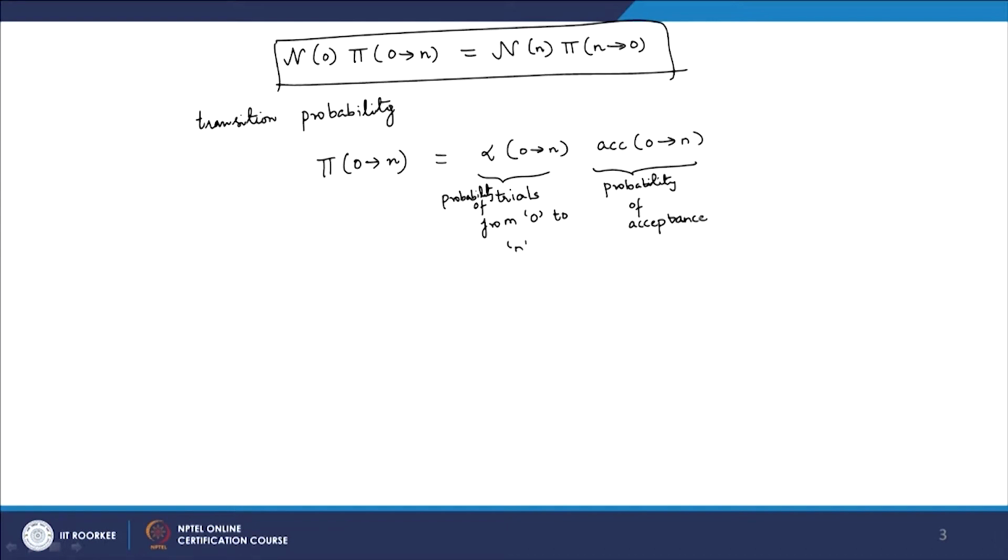So, while the alpha depends on how I am doing the trial, acceptance will depend on the energy condition that I employ to reject or accept a trial.